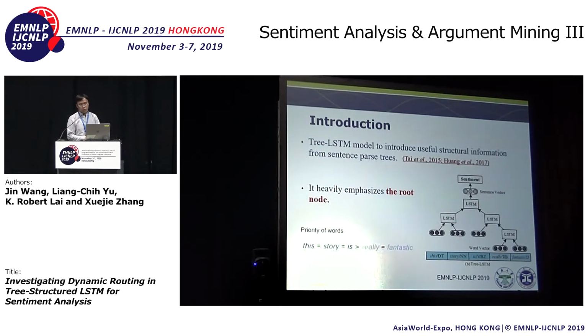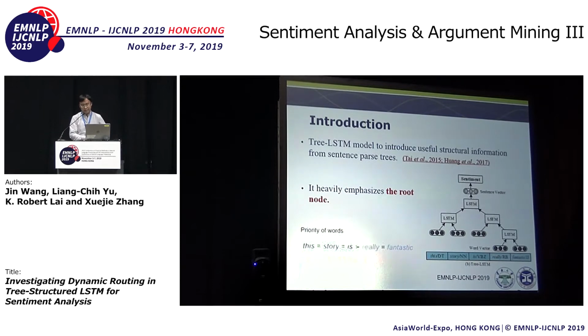Previous work proposed the tree LSTM model to introduce useful structural information from sentence parse trees. However, the tree LSTM also heavily emphasized the root node in the tree to build sentence representations.